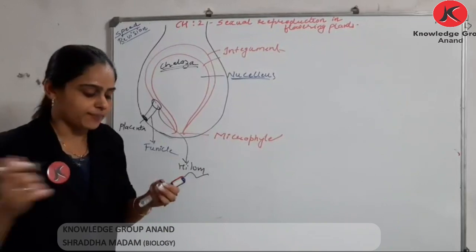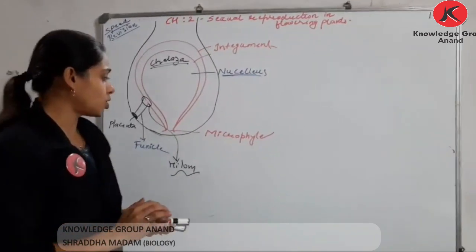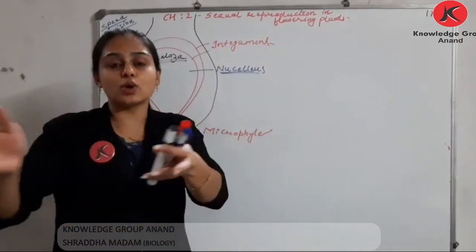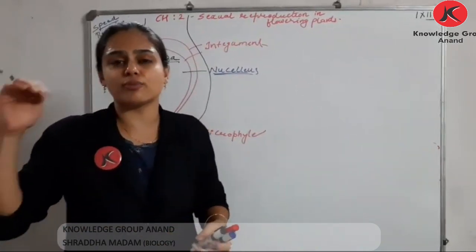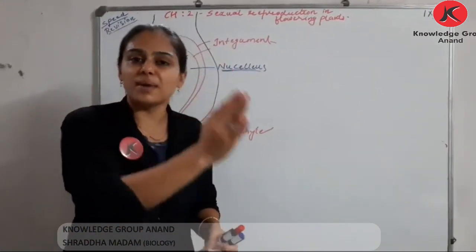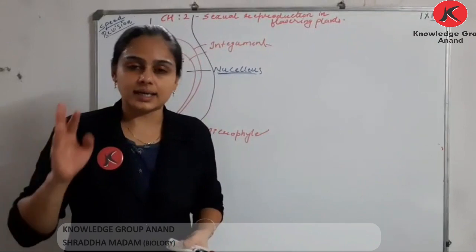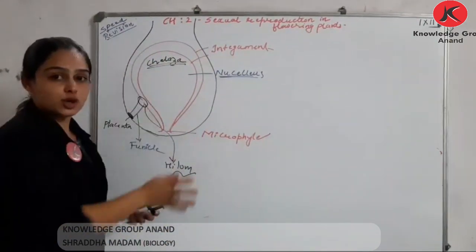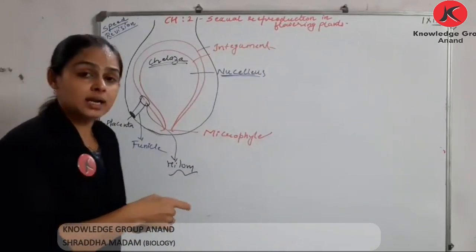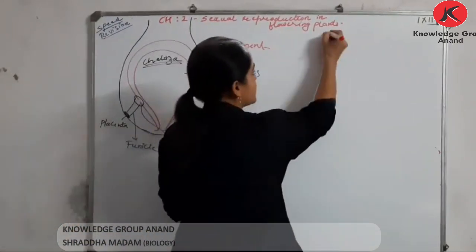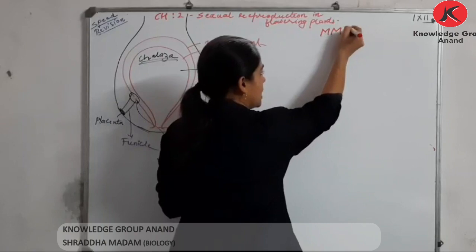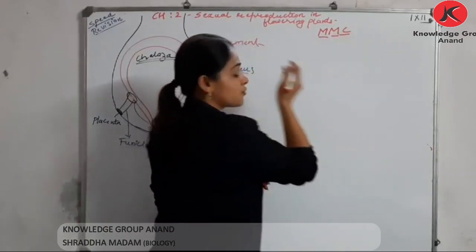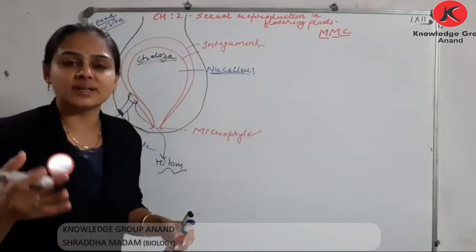Am I clear? Okay. Now, if we are talking about the process of megasporogenesis, that is formation of megaspores from megaspore mother cell. Now, what happens in this? Inside this nucellus, one of your cells differentiates as your MMC. यहाँ पे MMC stands for your megaspore mother cell.